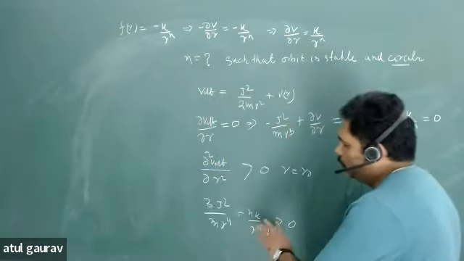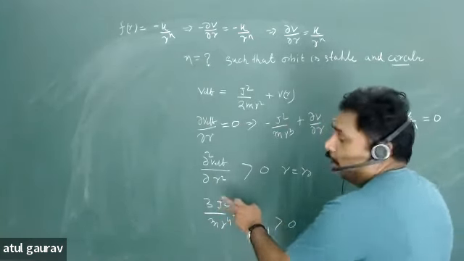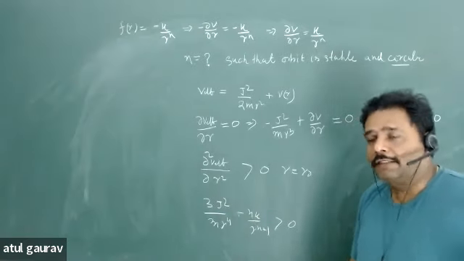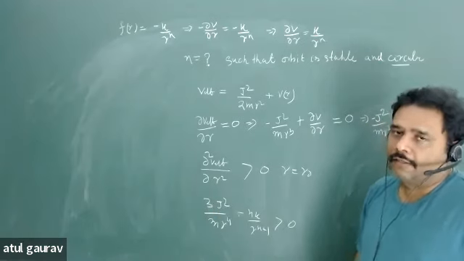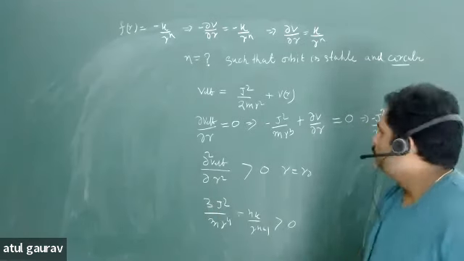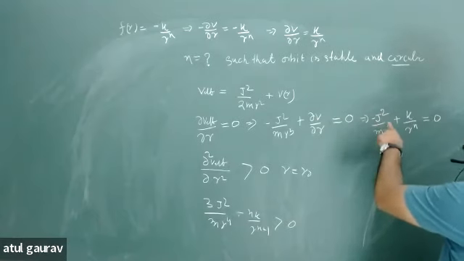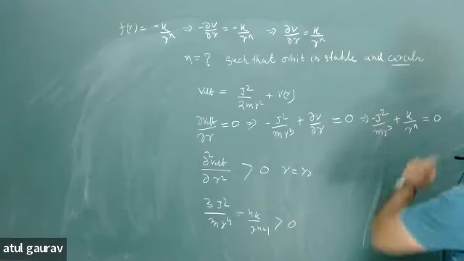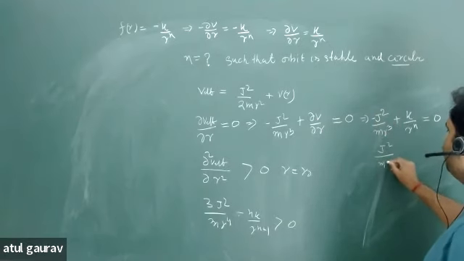Please mind it, this J is not known to us. We have just introduced it for the sake of the concept. So we can use this particular condition and write the value of J square upon m r cube.